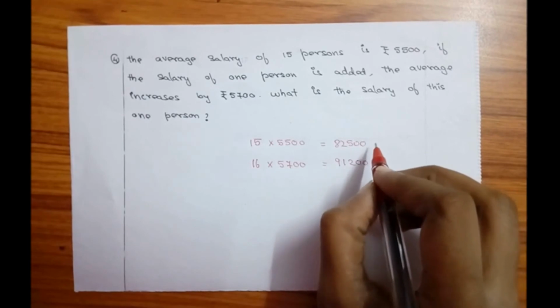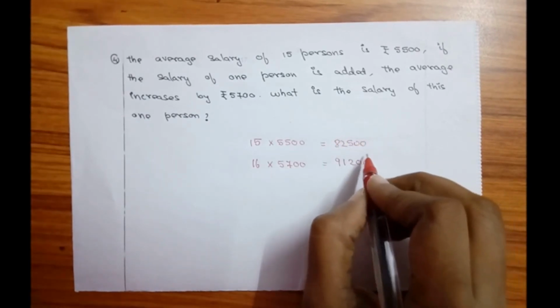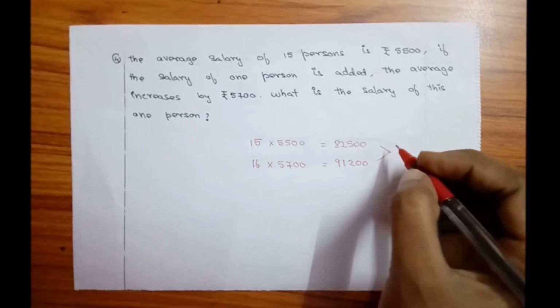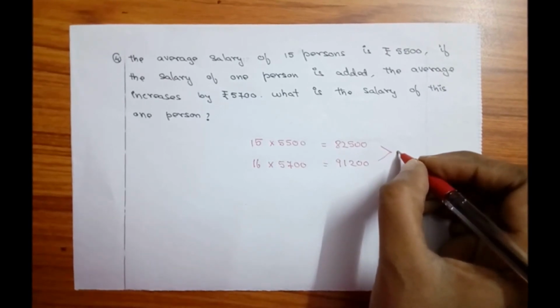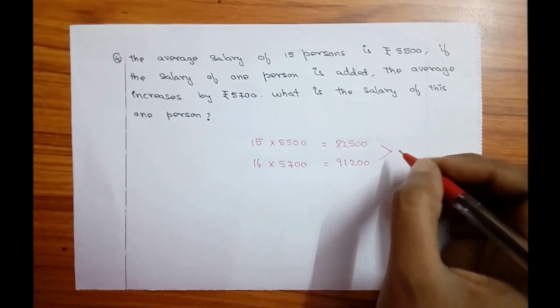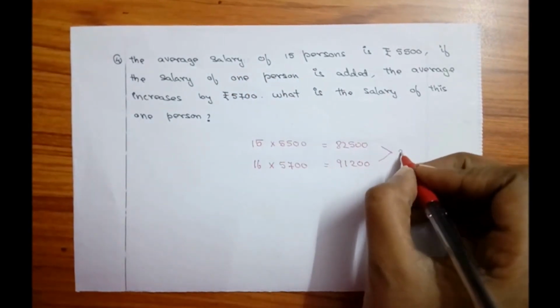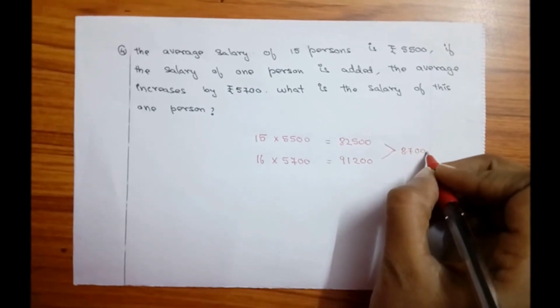Here I have the salary of 15 persons and here the salary of 16 persons. If I subtract these two values, I'll get the salary of the single person I added, this one particular person, which will be 8,700. This is my answer.